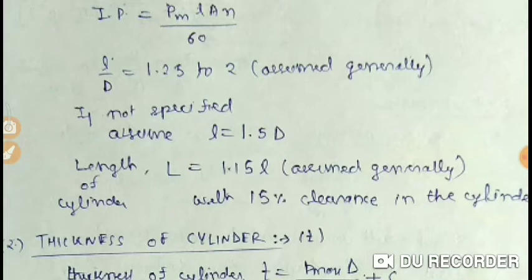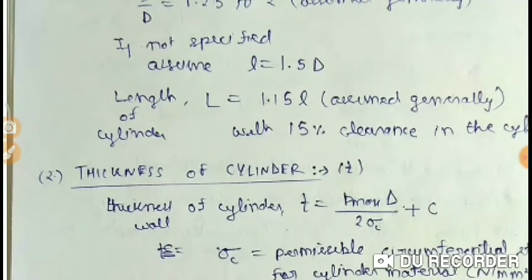So to avoid that, a clearance of 15% of the stroke length is provided in addition to the stroke length of the cylinder. So that is the total length of the cylinder. That's why capital L is equal to 1.15 times small l.